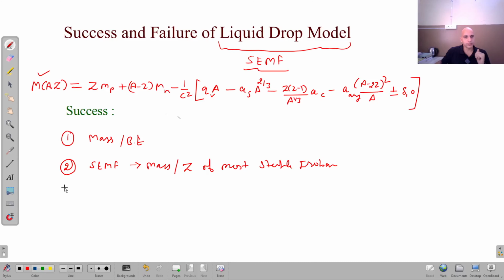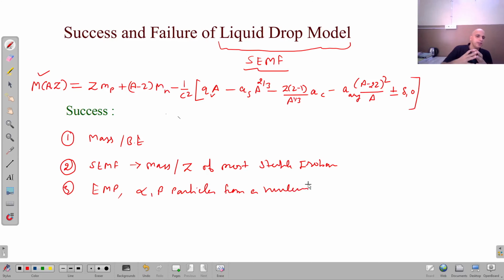Now by using the equation of mass parabolas for isobaric nuclei, I can make a prediction about the emission of alpha and beta particles from a nucleus.